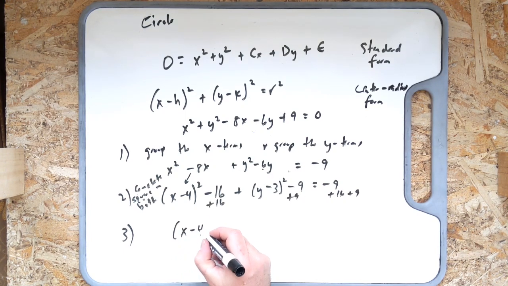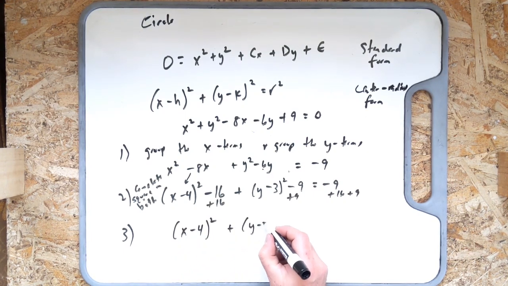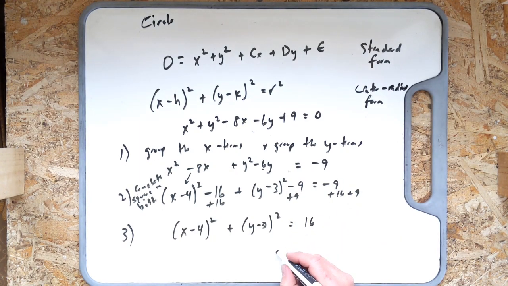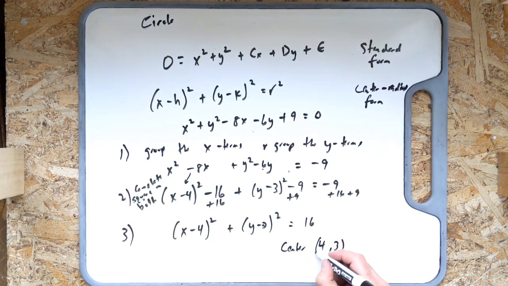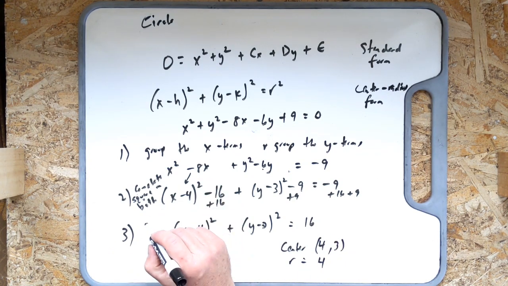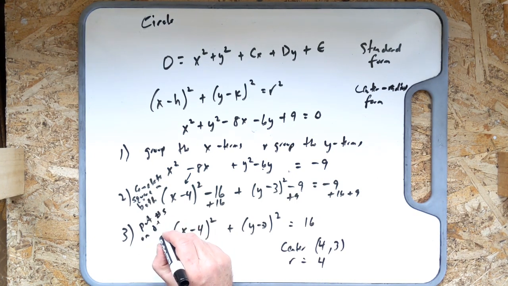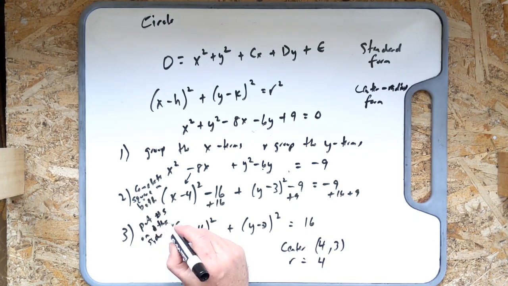That'll give me x minus 4 squared plus y minus 3 squared equals, those cancel, 16. Okay, so now I know my center is 4, 3, and my radius is radical 16, or 4. So this step is put numbers on other side.